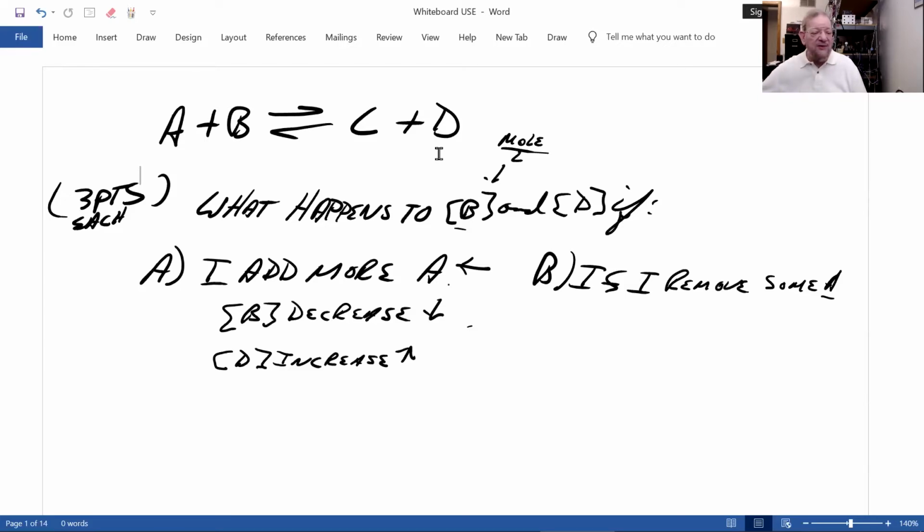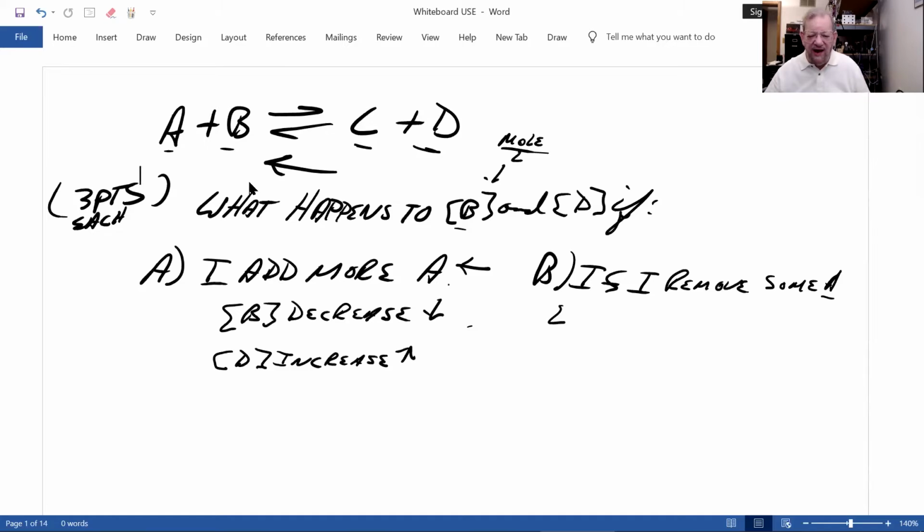And the equilibrium says, oh no, we don't have enough A. Someone took A away from us. We need to make more A. So it will be an equilibrium. How does it make more A? C and D react to make more A and B. So C and D react.